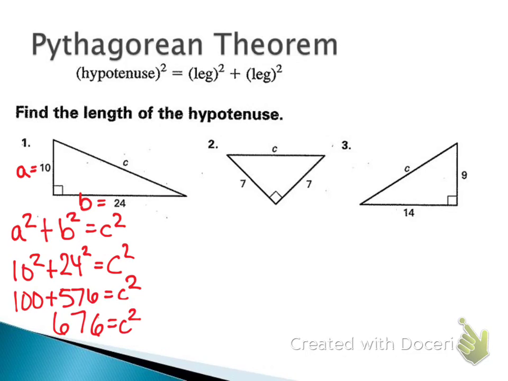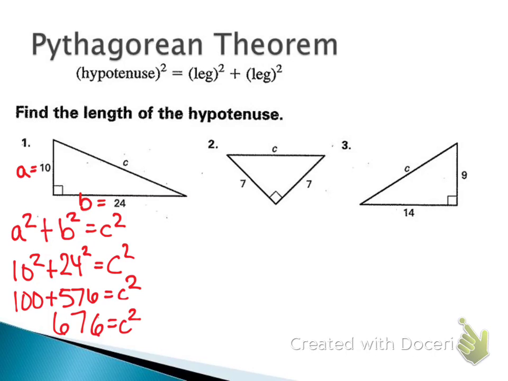But we are not finished with that. How are we going to get C by itself? Dividing both sides isn't going to help. Dividing does not undo squaring. Square root both sides.